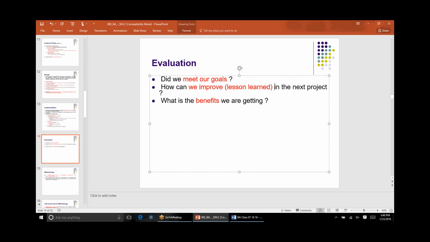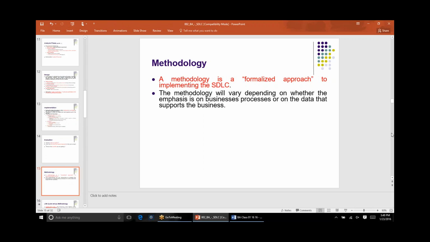It keeps going. What benefit are we getting? Are we getting any benefit from all these things which we did? I would like you guys to make a note of this term. Please make a note of this term. The first bullet point. Please make a note of that.